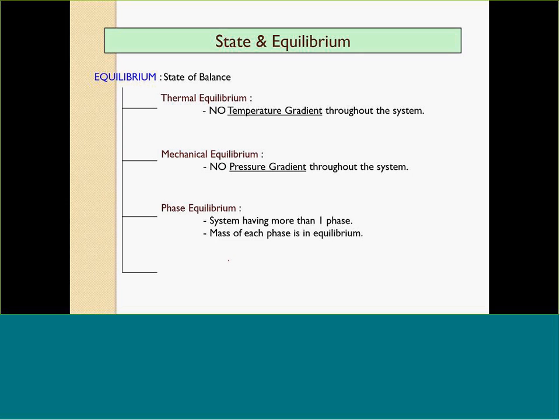Towards equilibrium, at the first state you can see thermal equilibrium, where there is no change of temperature throughout the system. Phase equilibrium means having more than one phase. In mechanical equilibrium there is no change in the pressure.